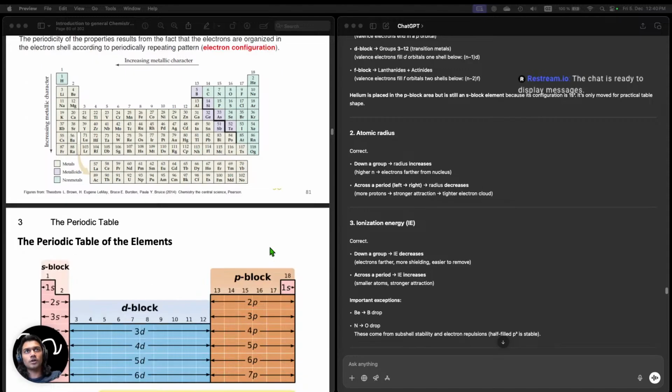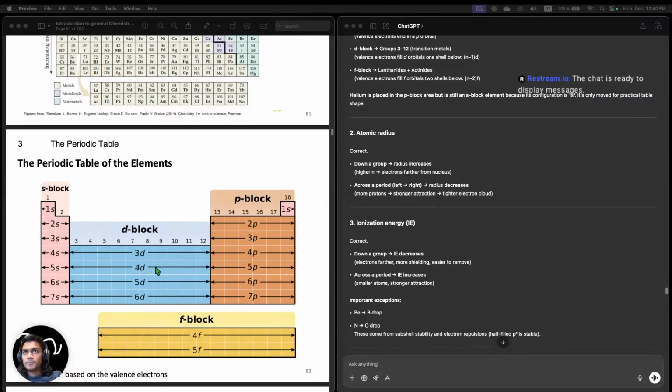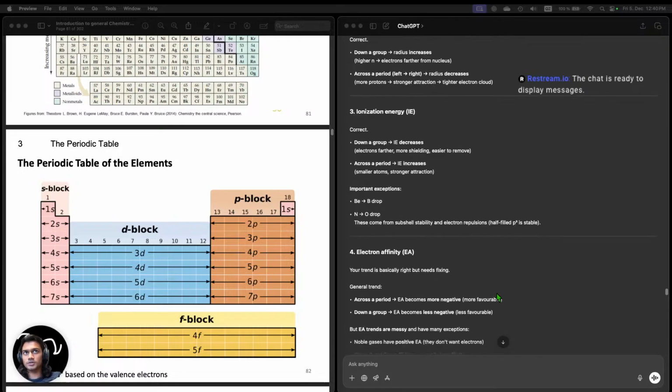Smaller atoms, stronger attraction. Okay. From left to right, atomic radius decreases. Therefore, ionization energy increases. What else? Electron affinity, that's the opposite of ionization energy, so it's going to be down the group. Electron affinity increases and across the period decreases, right?